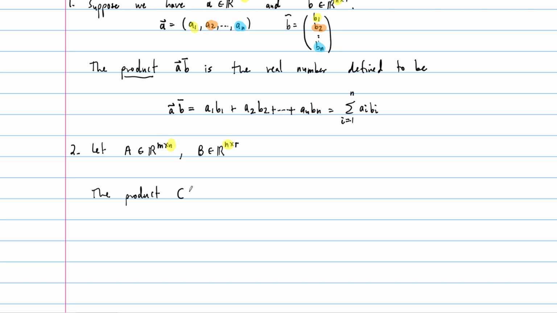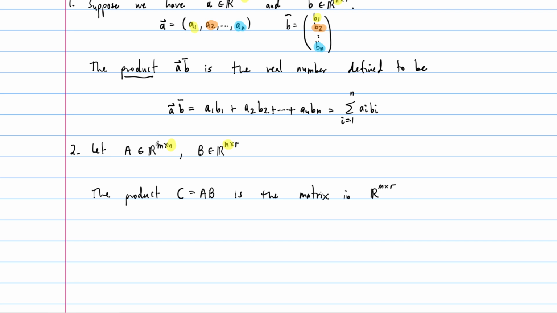So the product, which again I'll call C, just so it has a different letter, C equals A times B. In this case, it's going to be a matrix, but it's not going to be in the same space as either one of the matrices that we started with, all right? So C equals AB is the matrix in the space R. So essentially what's going to happen is these inner dimensions, the N's, are going to cancel, and we're going to be left with a matrix in R M by R, all right?